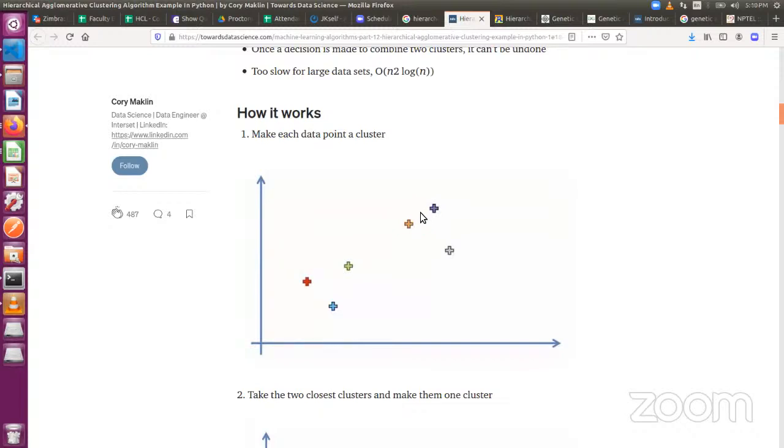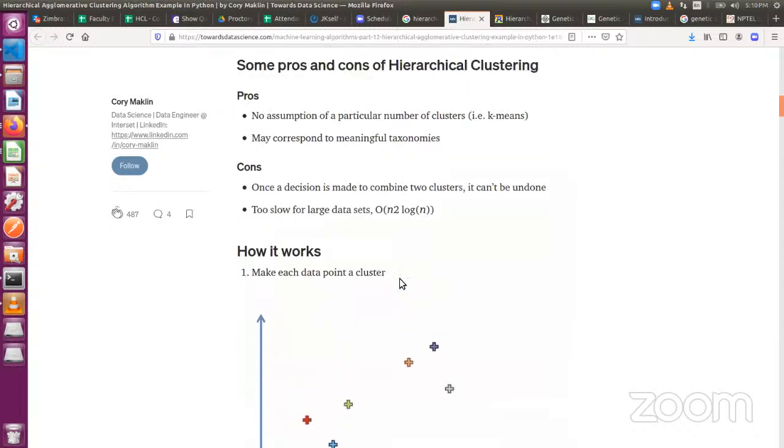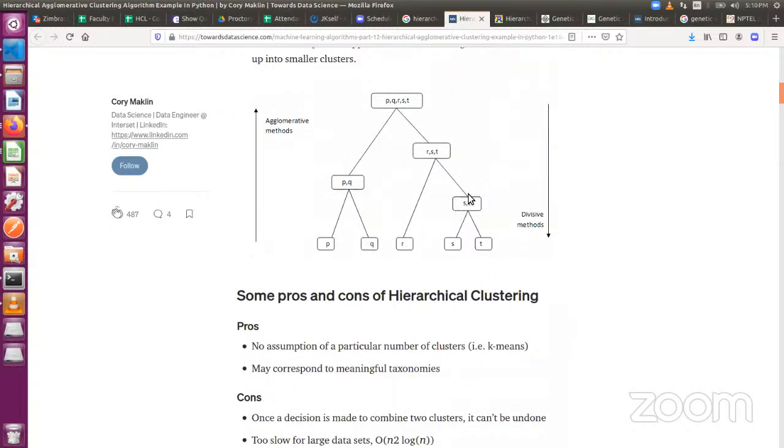This midpoint is going to represent this cluster, and all the others are individual points as of now. So now S and T are first grouped together, and we can see that it is a single cluster. Now we have to eliminate these 2 points and replace these 2 points with this point.